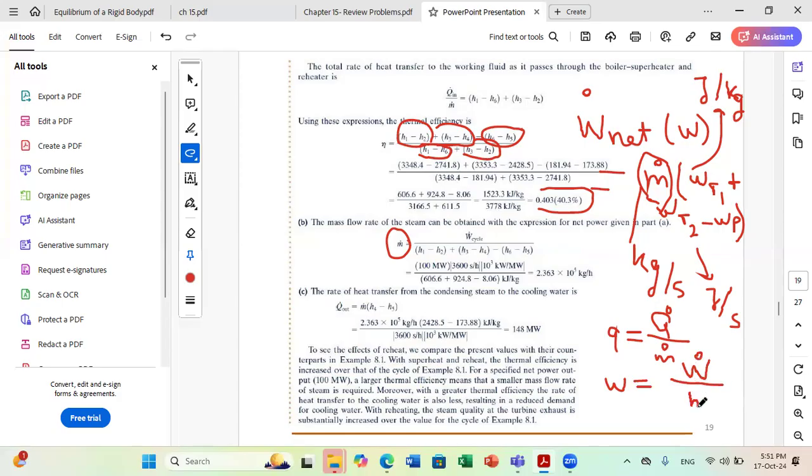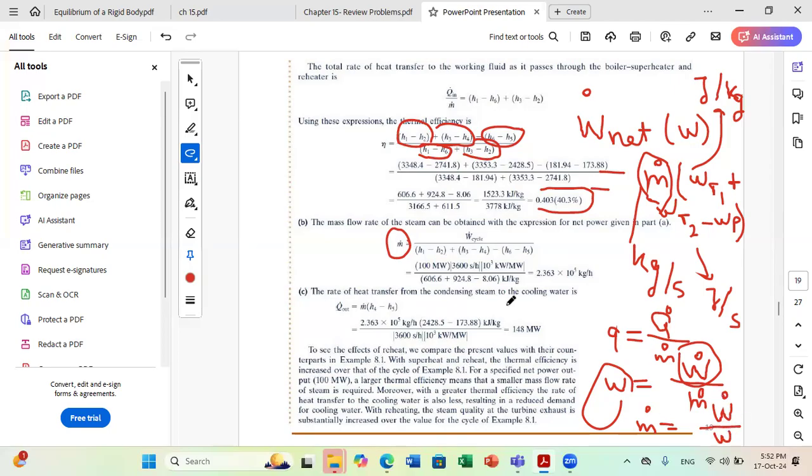So now I need m dot. I already evaluated small w, which is W turbine 1 plus W turbine 2 minus W pump, and I have the net output given, the big W dot. So I can evaluate M dot as the ratio of the net output over the specific output in joule per kilogram.